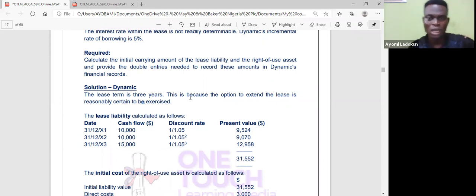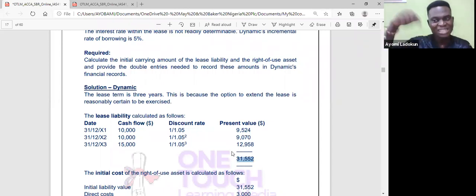Okay, and I go to the other part, which is the right of use asset. I remember there are 4 things that make up my right of use asset, like we established yesterday, and I've also done the revision when we started. Okay, so what constitutes my right of use asset? Number 1, the initial measurement of my lease liability. That's it. So what I have here, I have a corresponding debit entry as my right of use asset.